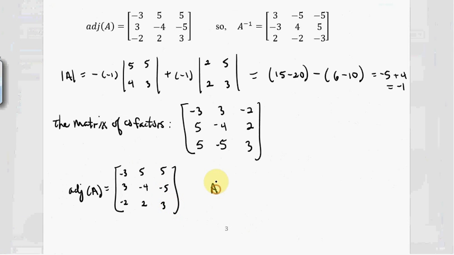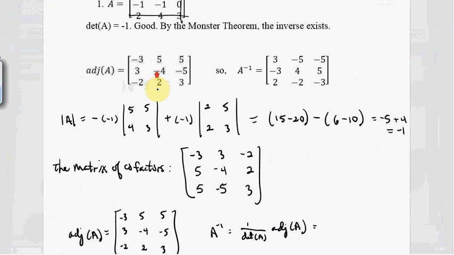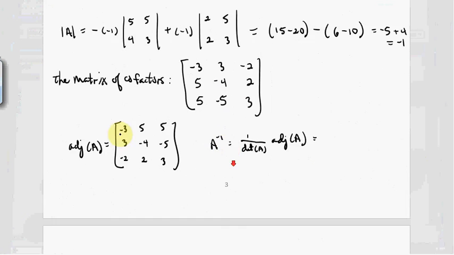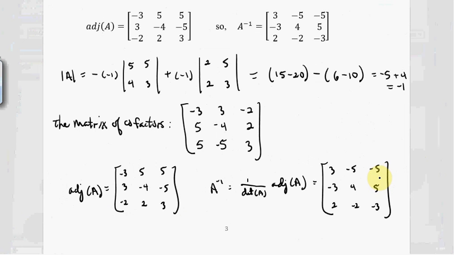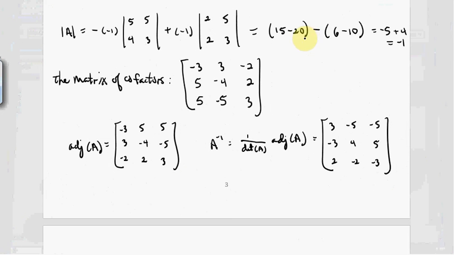And so now the inverse of A is 1 over the determinant of A times the adjoint of A. Well, the determinant was just -1, so we're just going to negate all these terms here, and we get the inverse: 3, -5, -5, -3, 4, 5, 2, -2, -3, and that's it. And hopefully that's what I have there, and it is. I didn't make any mistakes.